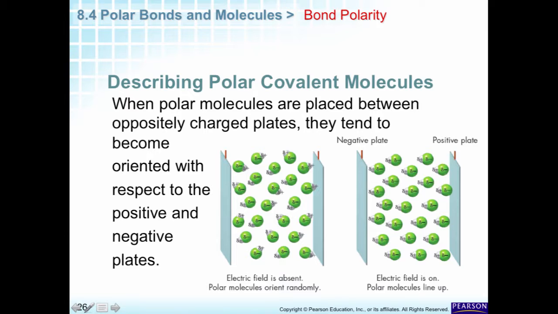And they're all mixed up, okay? But then you make this side negative, look what happens to all the positives. They all line up facing this plate and all the negatives face the positive plate, okay? So you can use electricity to orient all of your polar molecules in the direction of attraction.